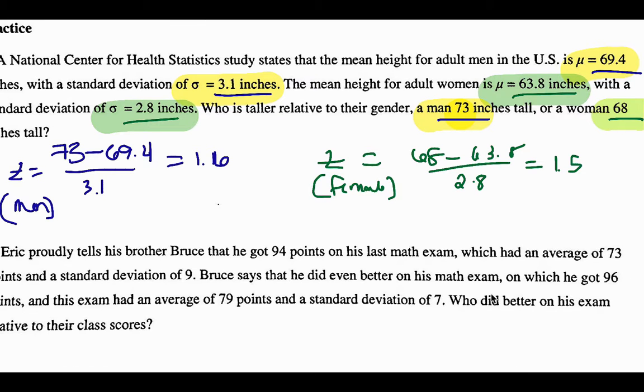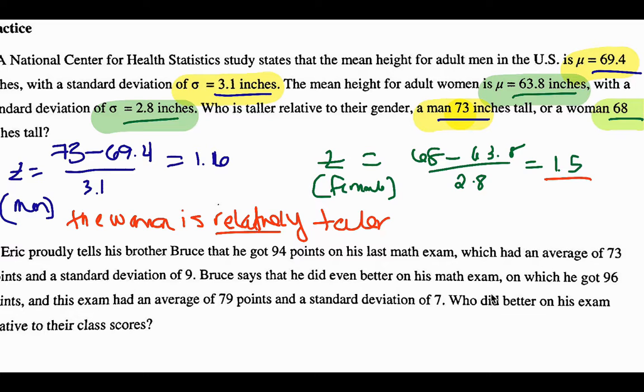So looking at this data, we can determine that the Z-score is bigger for the woman. So the woman is relatively taller because she has the biggest Z-score, which is just a fancy way of saying that she is further away from the mean. And the further away in the positive direction you get, the more significant that becomes.